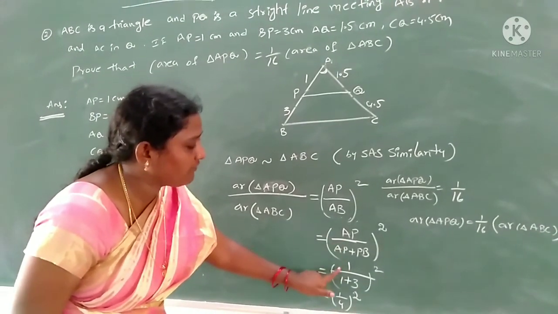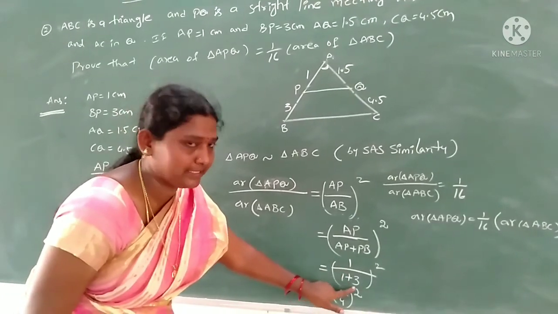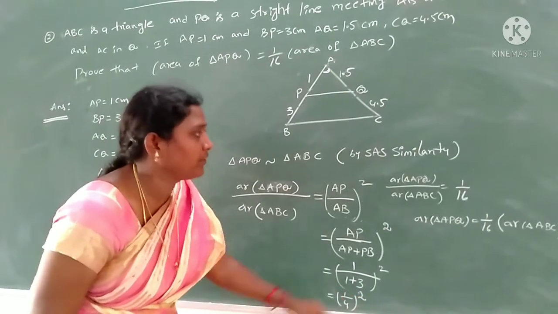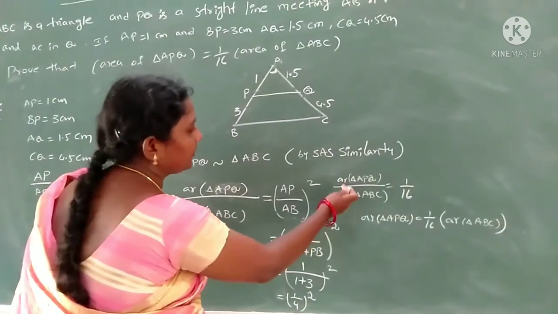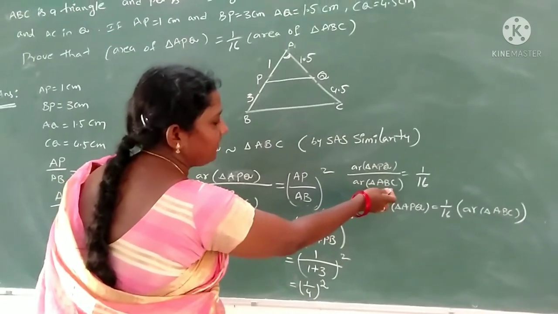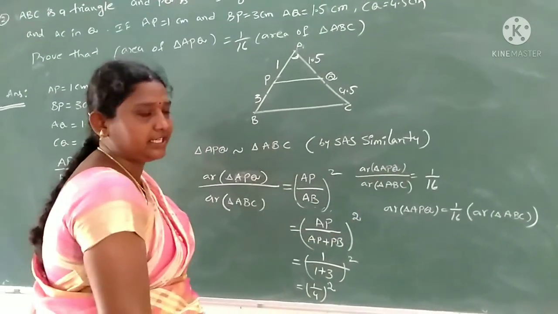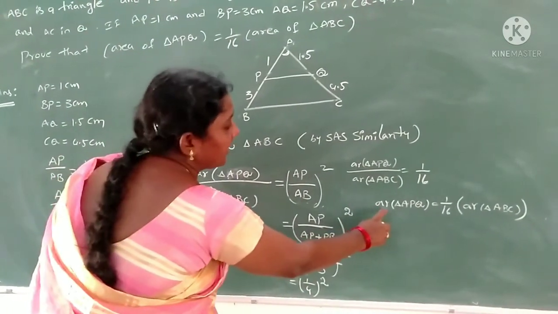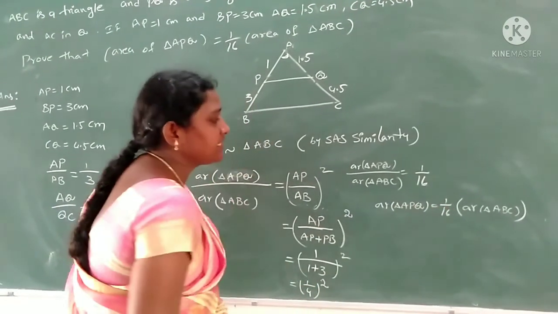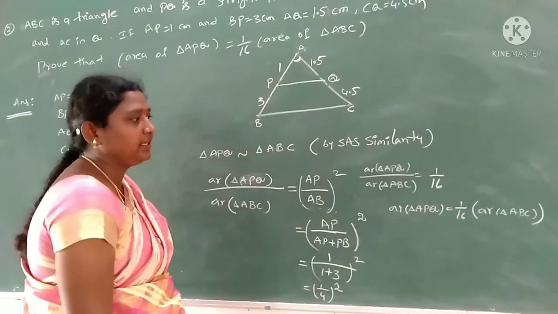So we substitute the values: 1 by 1 plus 3, that equals 1 by 4 whole square. So we get area of triangle APQ by area of triangle ABC value 1 by 16. So we find the area of triangle APQ equal to 1 by 16 area of triangle ABC.